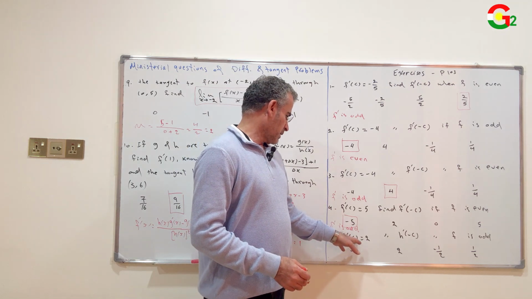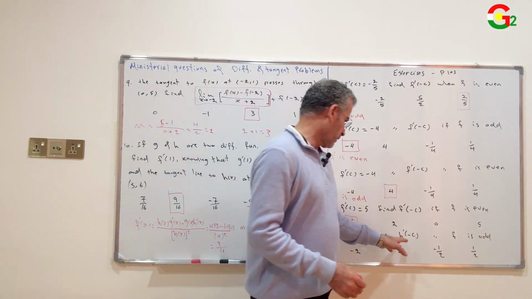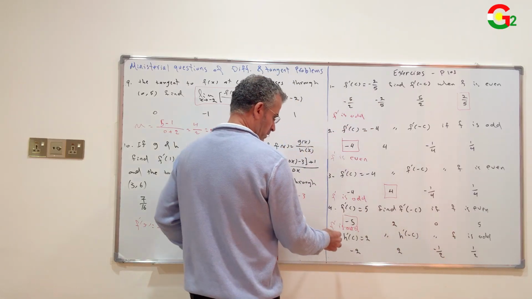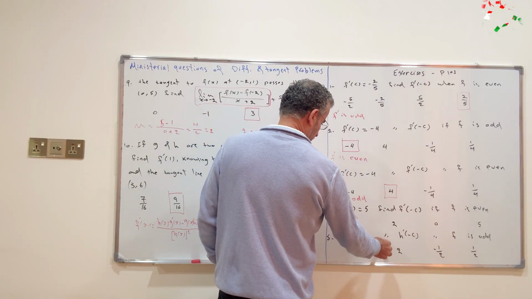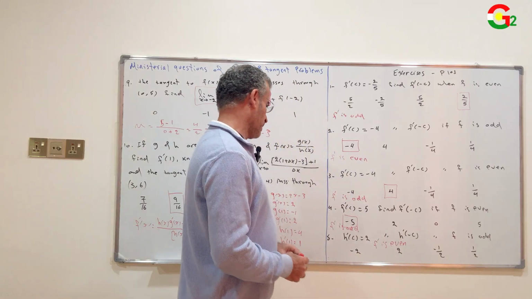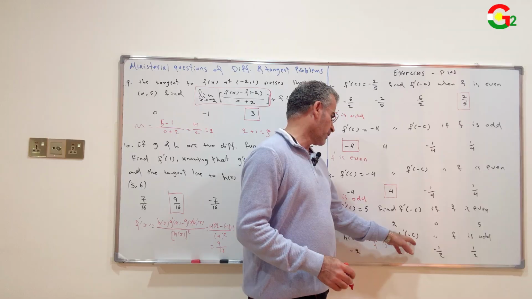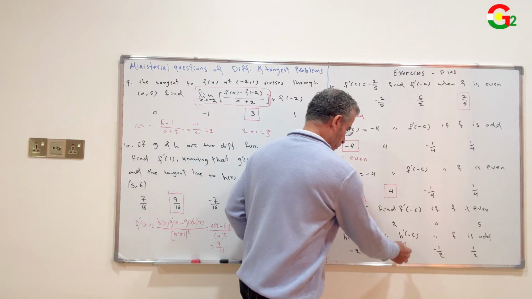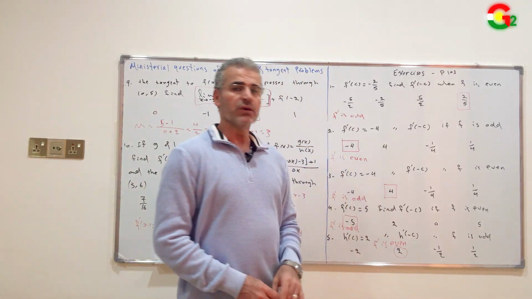H prime of c equals 2. Find h prime of negative c if h is odd, then h prime is even. When h prime is even, that means h prime of negative c equals h prime of c equals 2. The right choice is B.